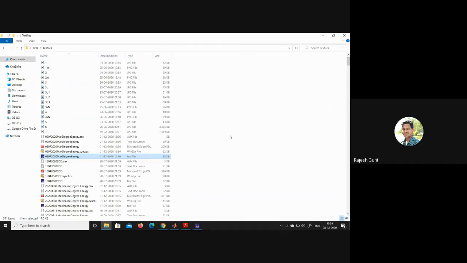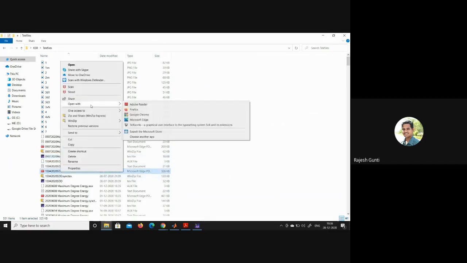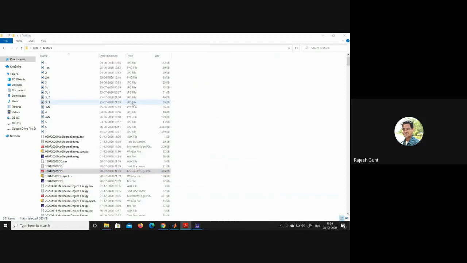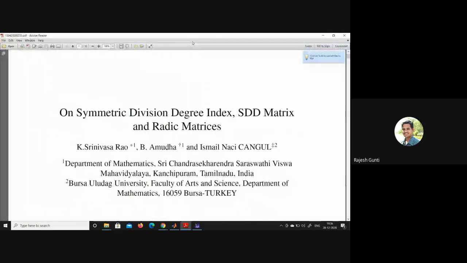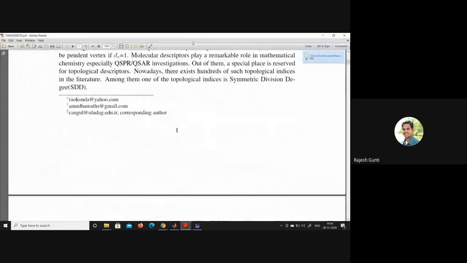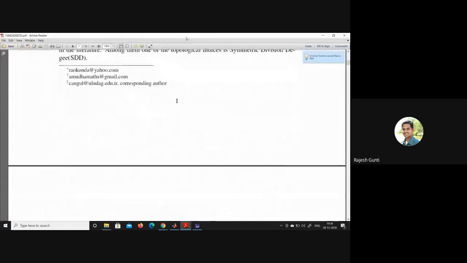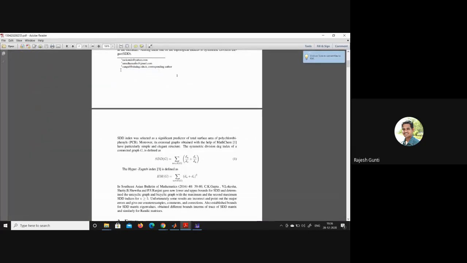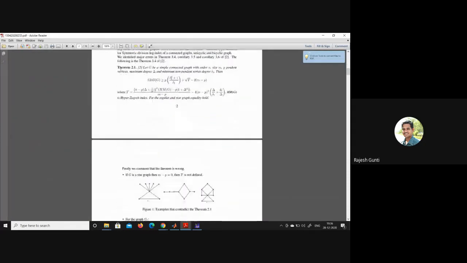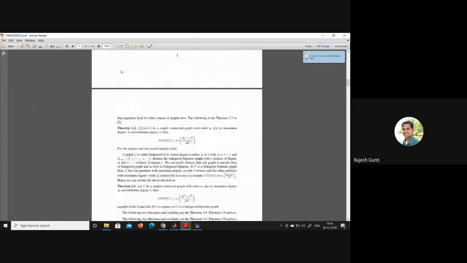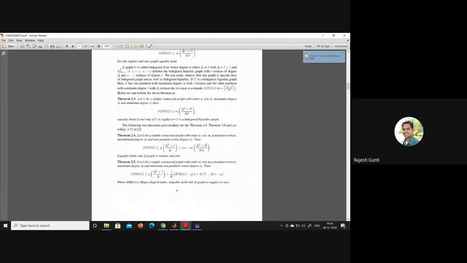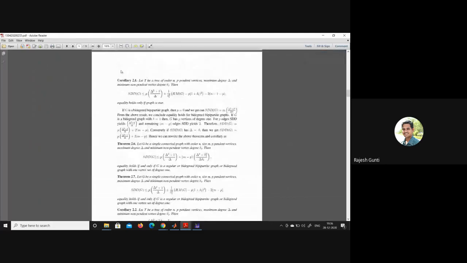For example, I will show you another document. I will minimize it. I hope you understand the difference between the ordinary paper and this LaTeX paper.